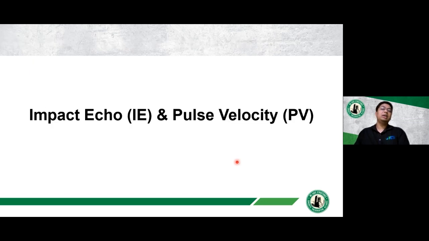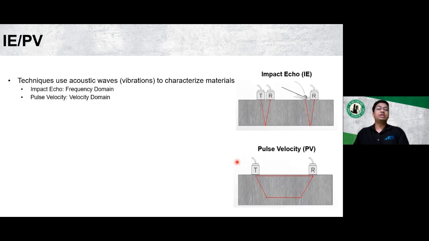The next techniques I'll discuss, impact echo and pulse velocity, are acoustic methods, which use sound waves or stress waves to probe the concrete. And the same setup is used for impact echo and pulse velocity measurements, where the energy source and the receiver are placed on the concrete surface.